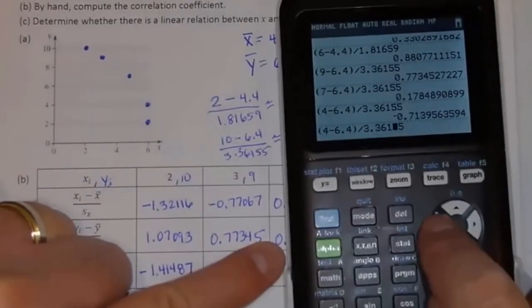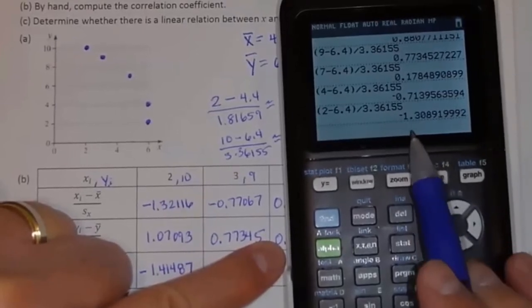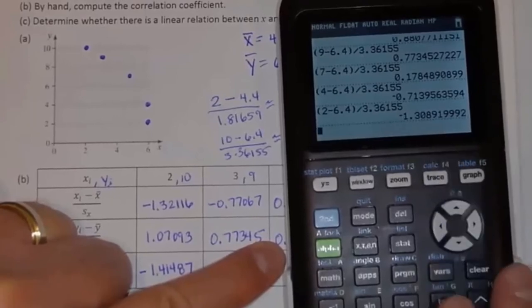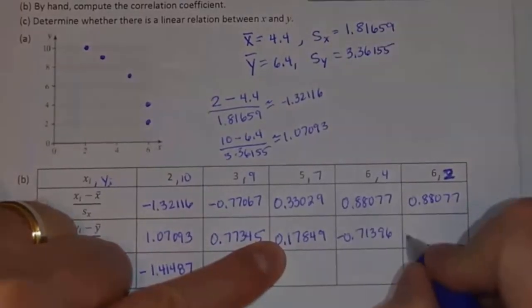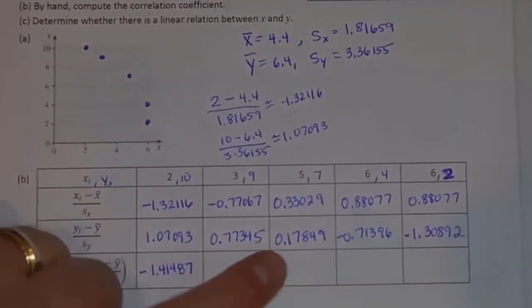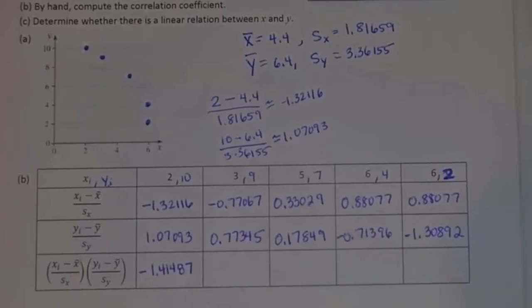Second and enter to pull that back up. Change the 4 to 2. And so I get negative 1.30892 if I round to 5 places. So at this point, I have all of my z-scores calculated. Now I just need to find the products.